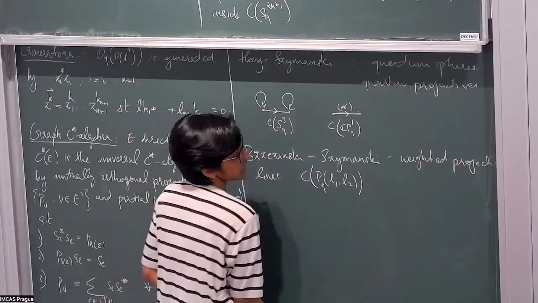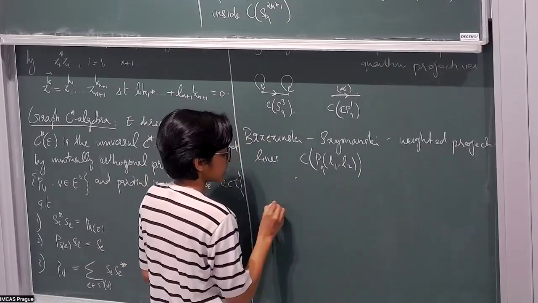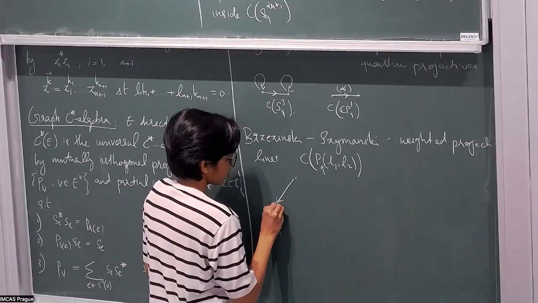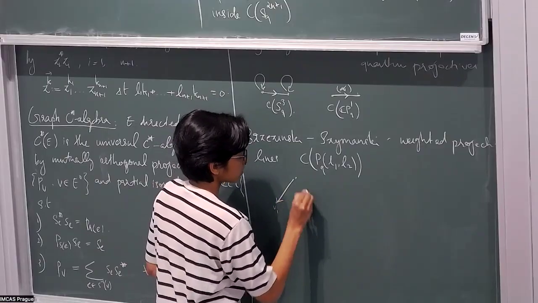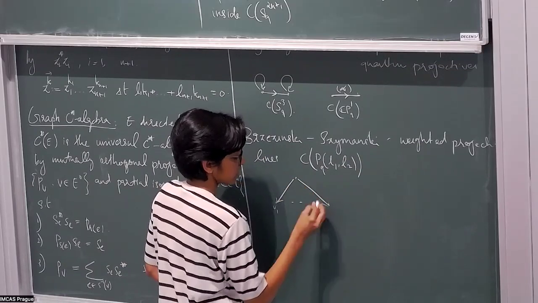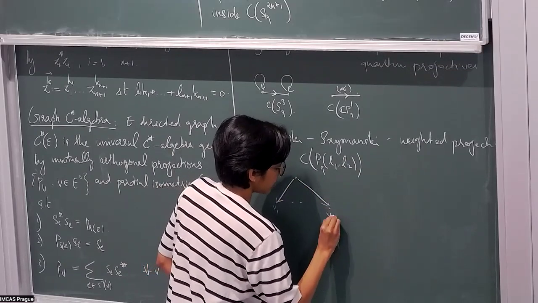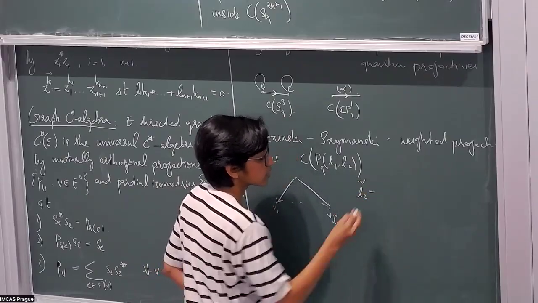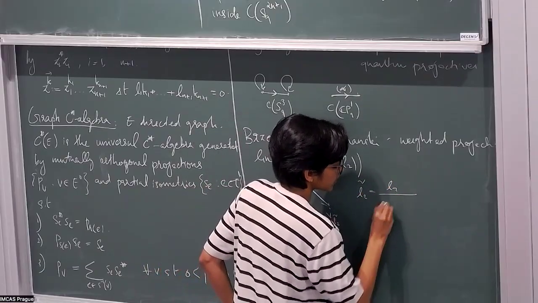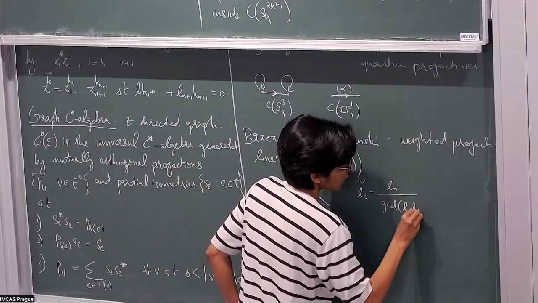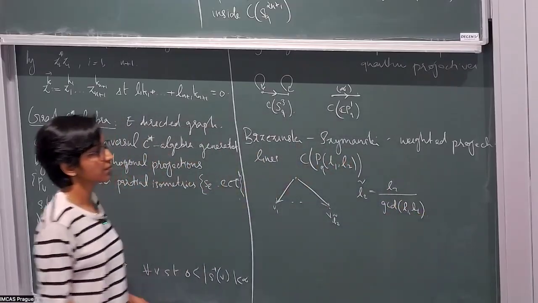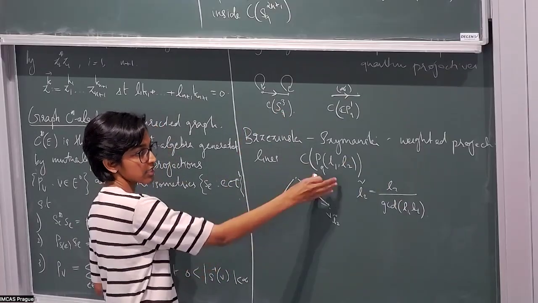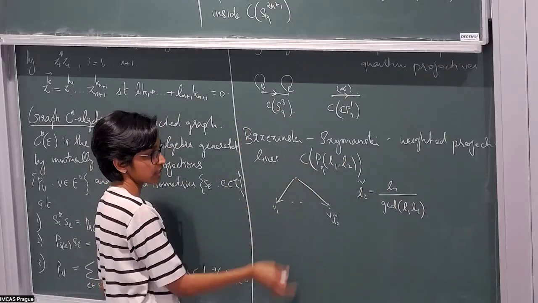And in this case, they showed that the graph is going to look something like this. So if I call this V1, then I have V L2 tilde, where L2 tilde is just L2 by GCD of L1, L2. So they realized these guys as graph C-star algebras, and this is the graph.